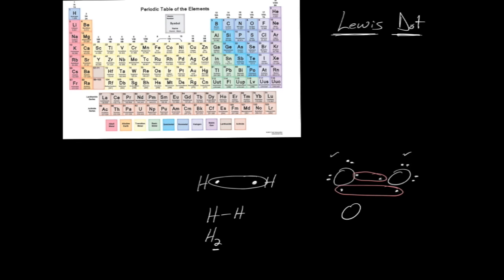We would draw it as a stick model, but there'd be 2 lines because there's a double bond. This double stick would mean it's oxygen with 2 oxygens bonded to each other. So oxygen gas and hydrogen gas, and we looked at that in our lab.